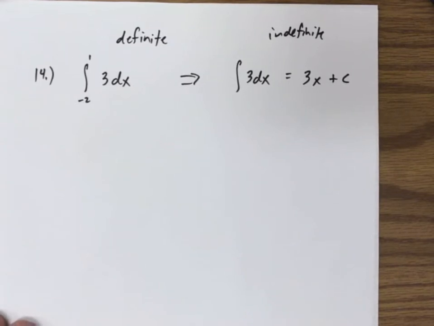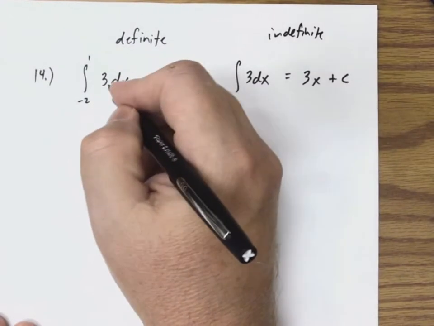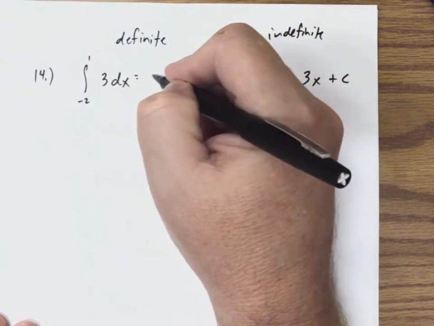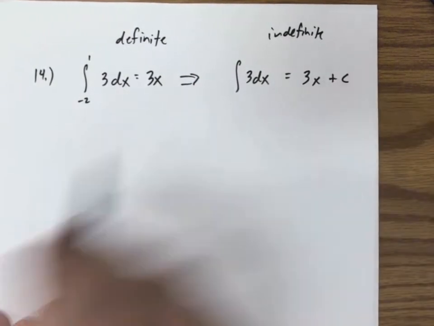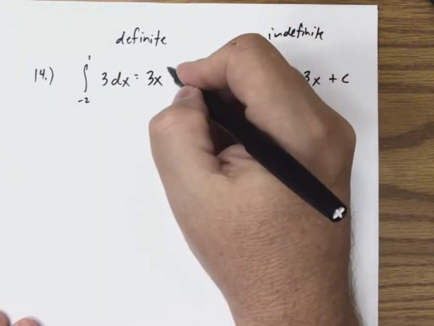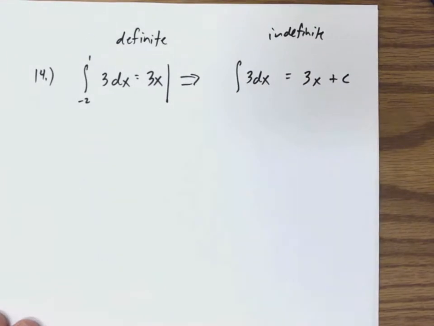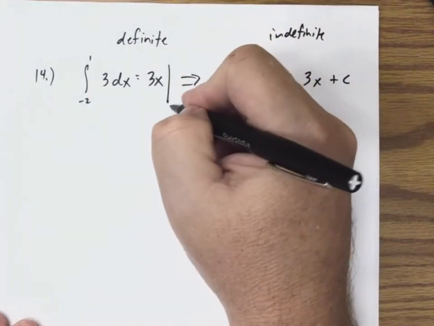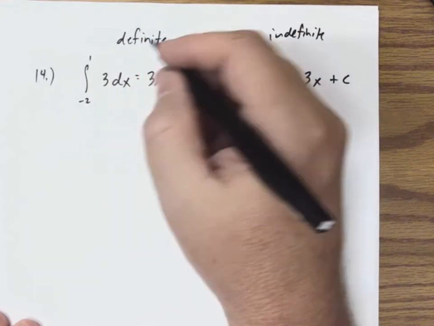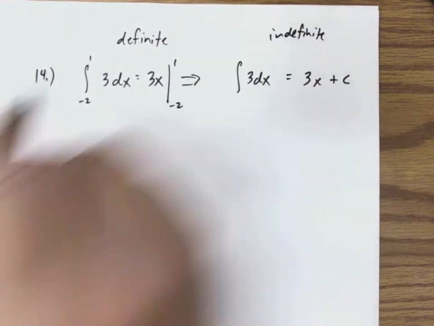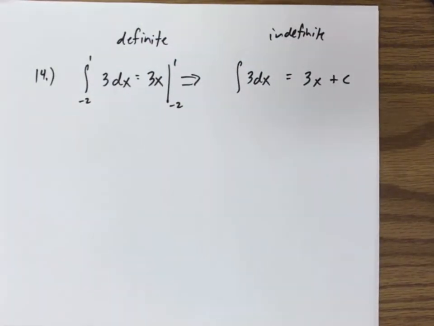A definite integral, you still do the integration. So I'm going to take the integral of 3 dx, which is just 3x, but instead of writing the constant, we put this vertical line here, and at the bottom of the vertical line we put our bottom number here, and at the top we put that number there.